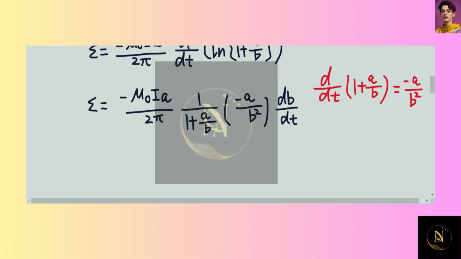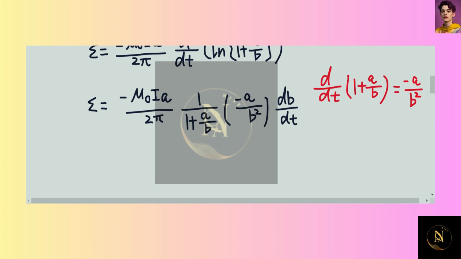And we know the velocity was along a horizontal direction, since it says that the loop is pulled away from the wire at a speed v. So it's a horizontal speed, which means it should be the derivative of the horizontal distance, which is db over dt here.